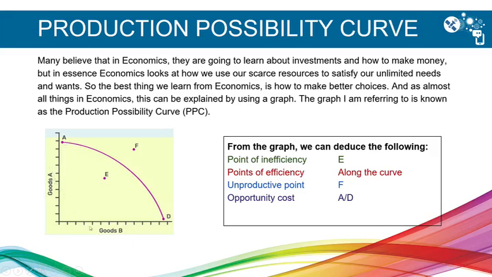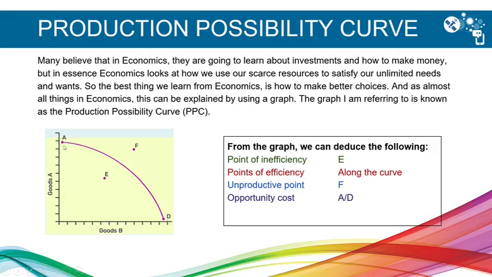So what we mean with a production possibility curve is we have the possibilities that can happen, and then along the curve is where you can be producing, right? Because anywhere along this curve is where you are making full use of your resources.